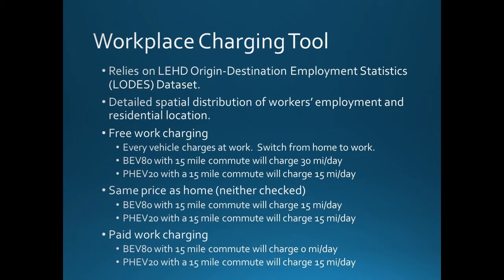So let's just say you had 10 plug-in electric vehicles and you had the distribution of what you wanted them to be, or you had the breakdown of the long range and short range. Within the workplace charging tool, you can assign what kinds of vehicles fit into those categories.